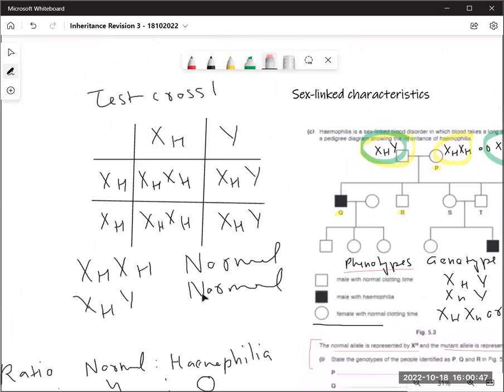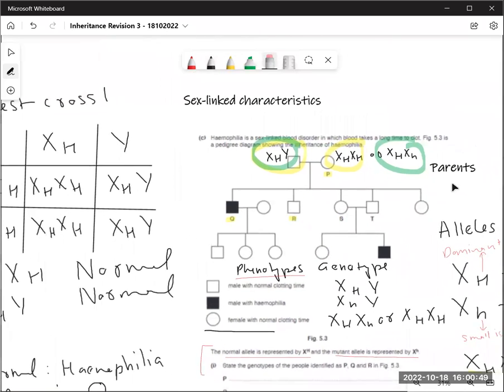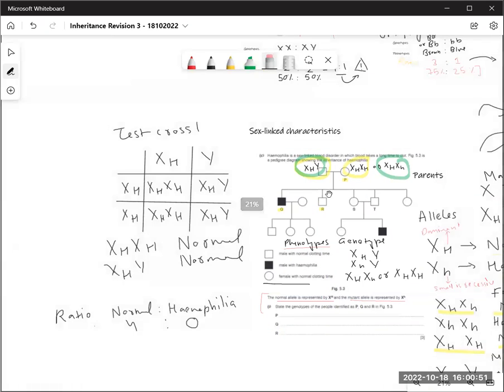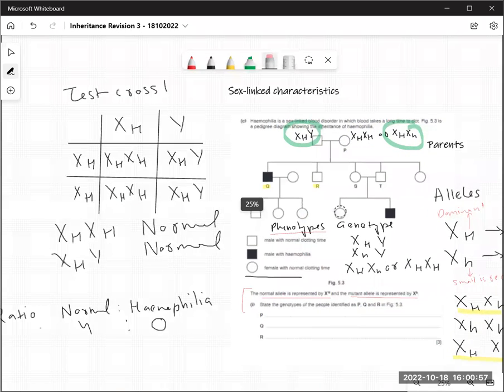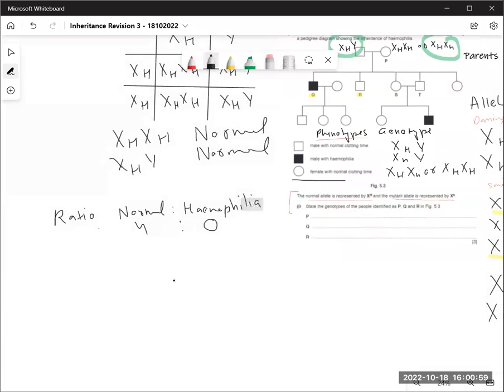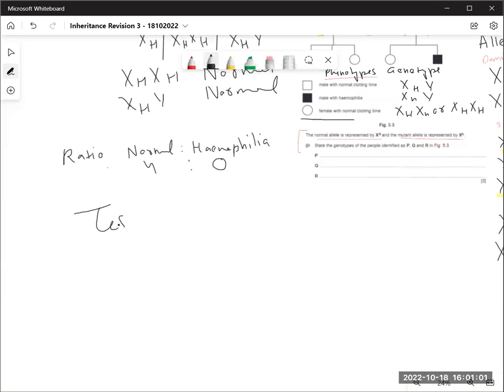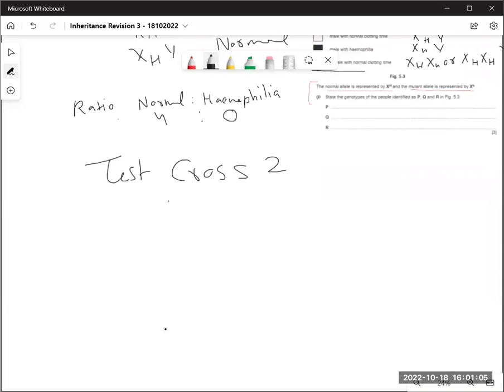But if you look at the offspring here, let's try the second condition. Let's try the green ones now: X capital H Y with X capital H X small h. Now I'm just going to make the table for you. You have to tell me the answers. This time I need the answer from Rachit and Diana.